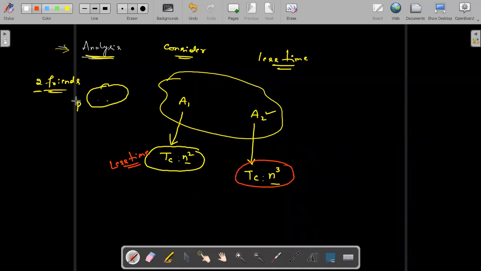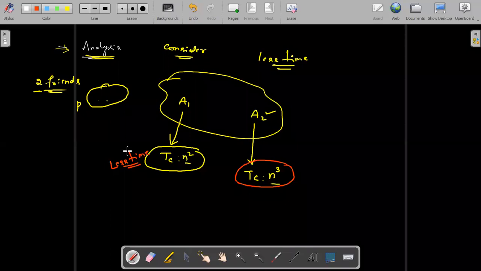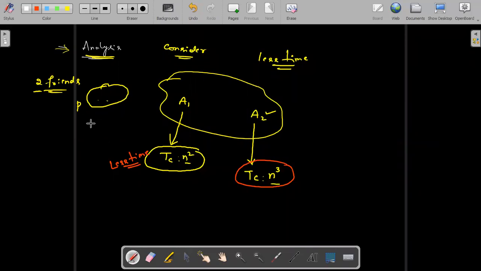That is why experts always consider time compared to space. A1 takes n square and A2 takes n cube, so we are going to take A1.